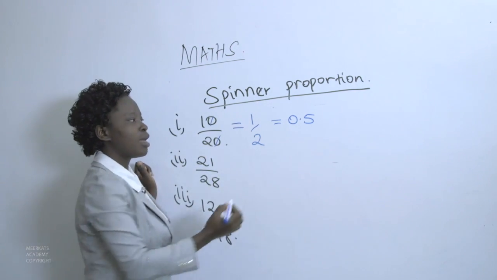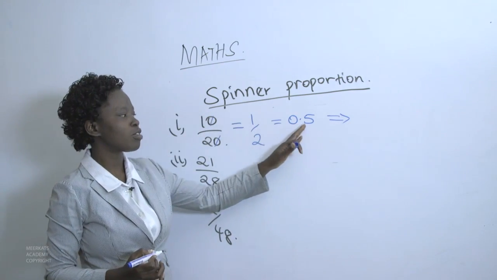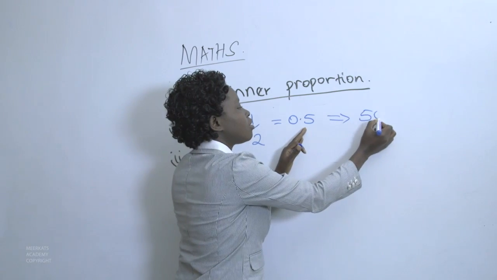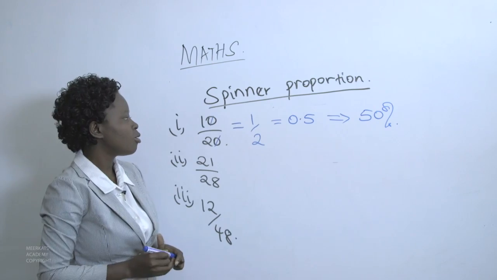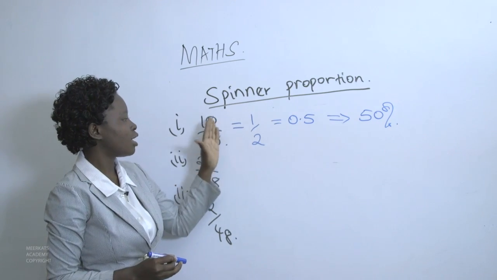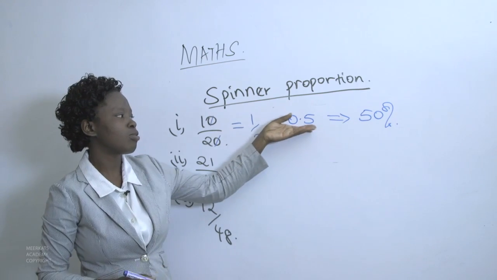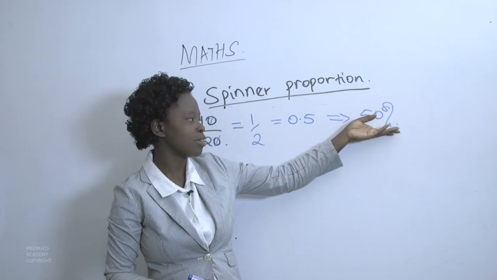Then finally, as a percentage, we simply multiply 0.5 by 100, and we will have 50%. So I've expressed 10 over 20 as a fraction in its simplest form, as a decimal, and as a percentage.